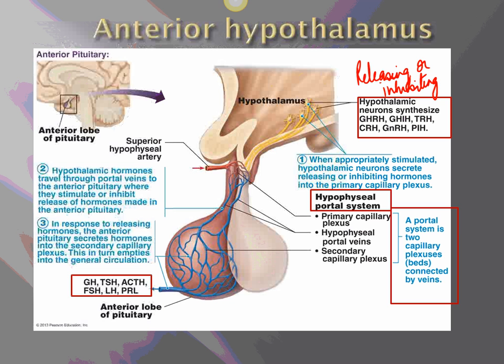The releasing hormones are growth hormone releasing hormone, thyroid releasing hormone, corticotropic releasing hormone, and gonadotropin releasing hormone. Those are the releasing hormones. The inhibiting hormones are growth hormone inhibiting hormone and prolactin inhibiting hormone.